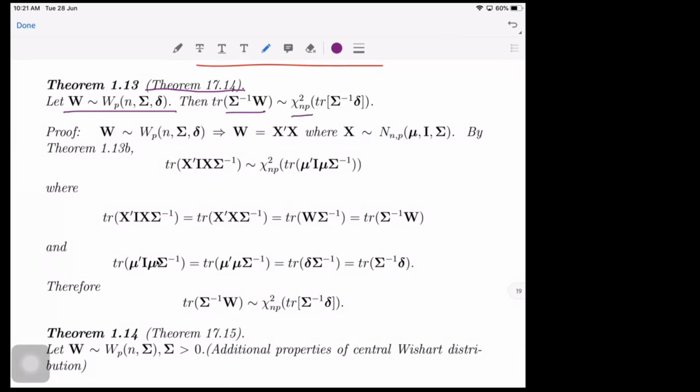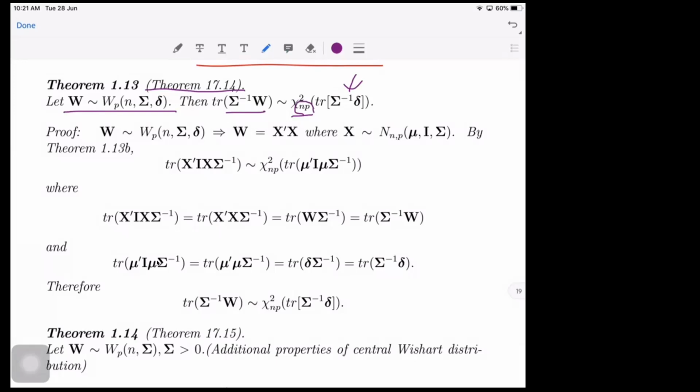You will still have a chi-square distribution. This is NP, because the dimension of this matrix will be n by p. The degrees of freedom is NP. And this is a non-central chi-square with non-centrality parameter trace of sigma inverse sigma.